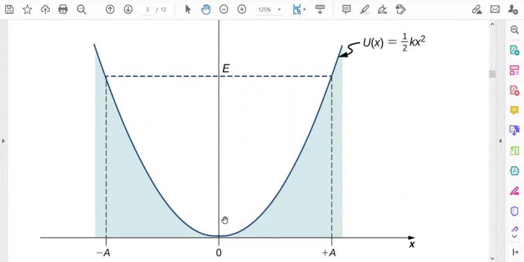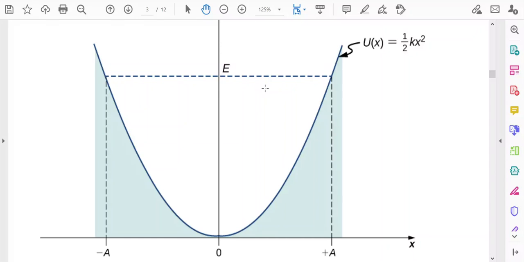Now on this same graph you can also represent the total energy E by a horizontal line. So the value of the potential energy will lie on the parabola, and you can plot the total energy by some horizontal lines in this same graph.